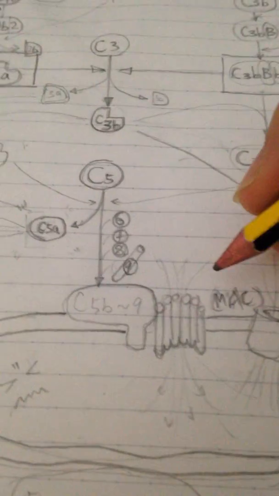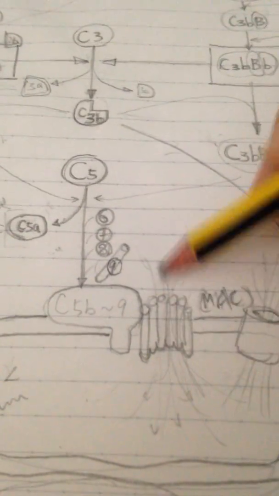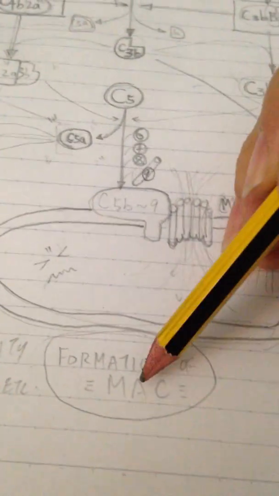Let's say it's a bacterial cell. So it would lyse the cell by creating a hole, boom, into the cell. So this is one of the outcomes of the complement system. You can say the formation of MAC.